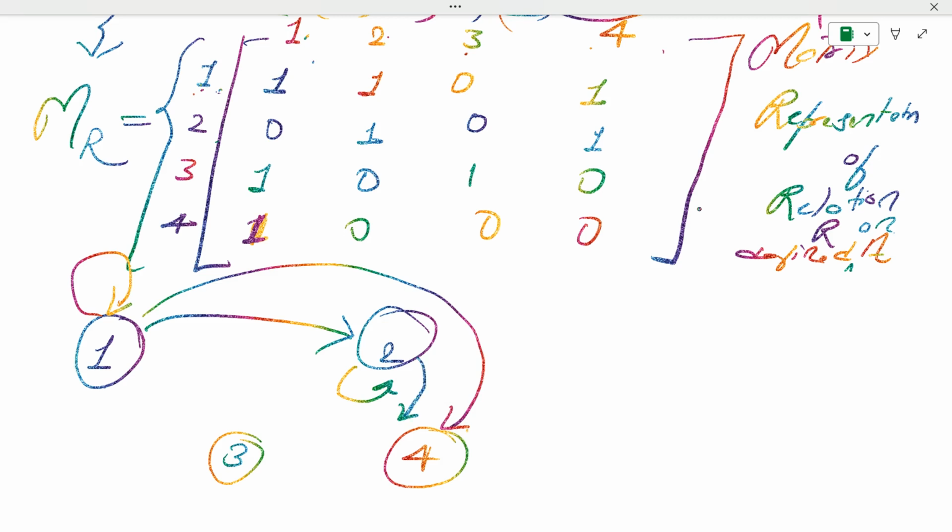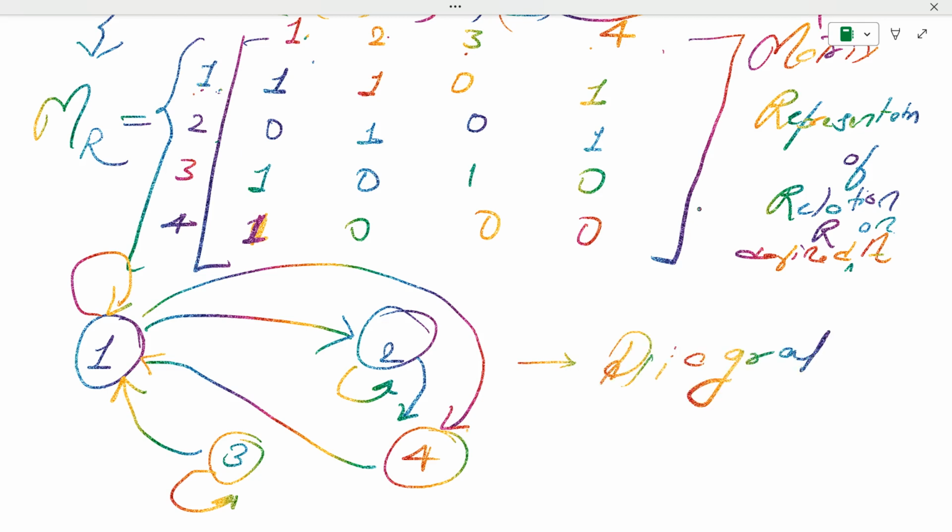And 3 1, there is an edge. 3 3, there is an edge. 3 4, no edge. 4 1, there is an edge. 4 2, no edge. 4 3, no edge. 4 4, no edge. So this is the digraph representation of relation R.